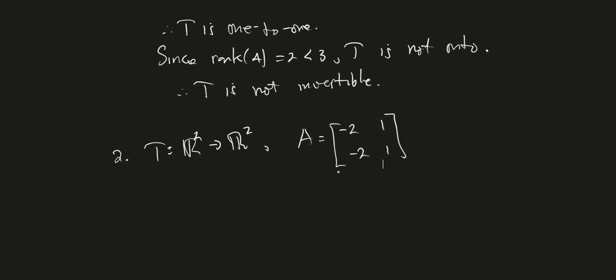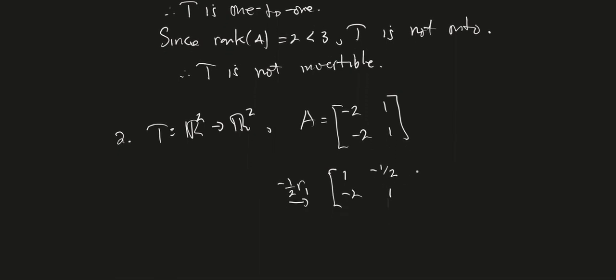So if we reduce this, if I do -1/2 times row 1, that gives me 1, -1/2, and then -2, 1. And then if I take 2 times row 1 added to row 2, we'll have 1, -1/2, and then 0, 0.